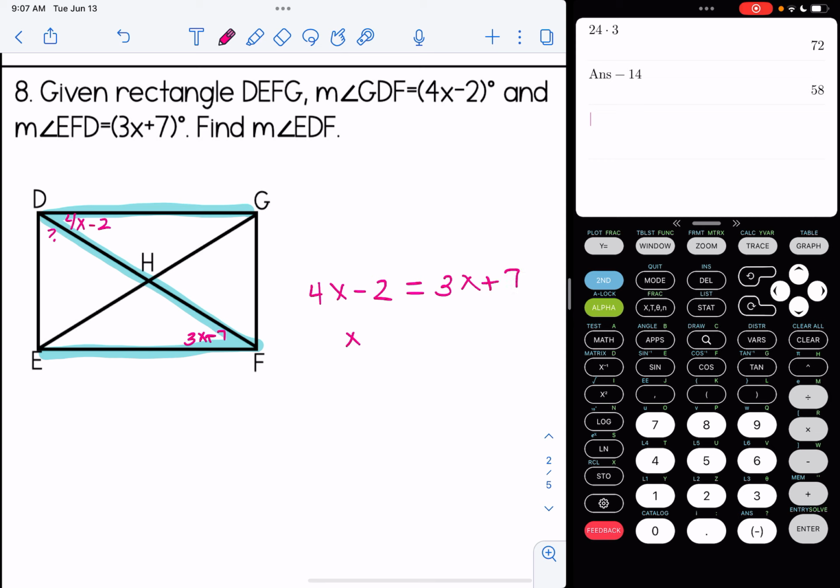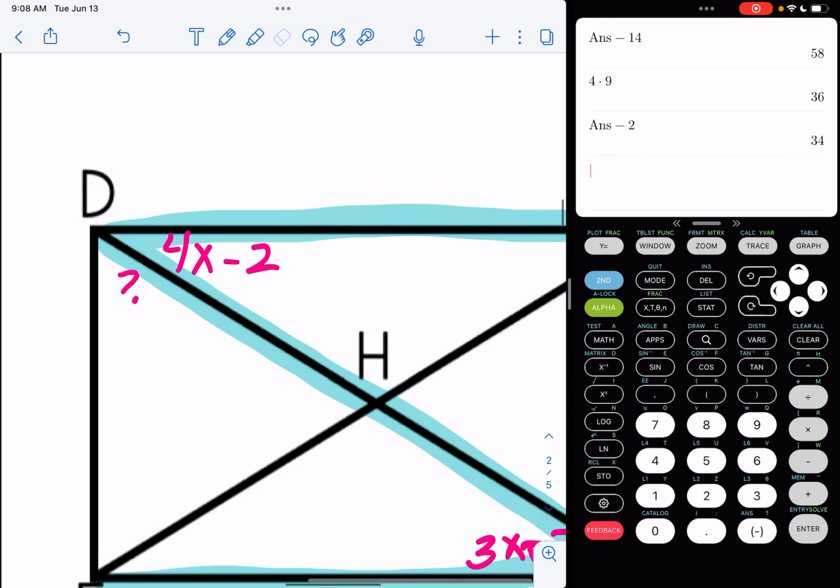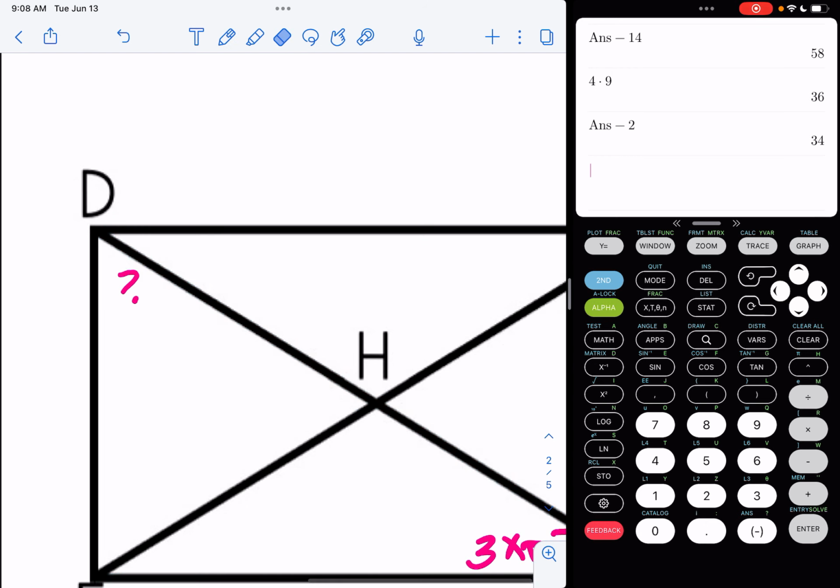If I move the variables over, subtract 3x on both sides, add the 2 over, I get that x is 9. All right, so let's plug 9 in to see what we get there. For the angle that we labeled 4x minus 2, 4 times 9 minus 2 gives me that this angle over here, I'm going to erase the 4x minus 2 for a second, is 34 degrees.